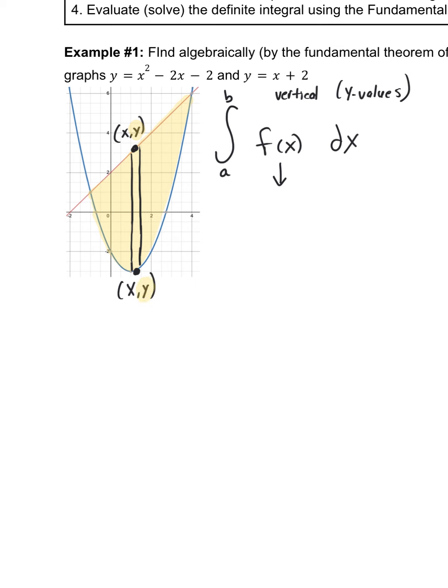So when you subtract your equations for your function, for your integrand, you want to subtract the higher y value function minus the lower y value function.